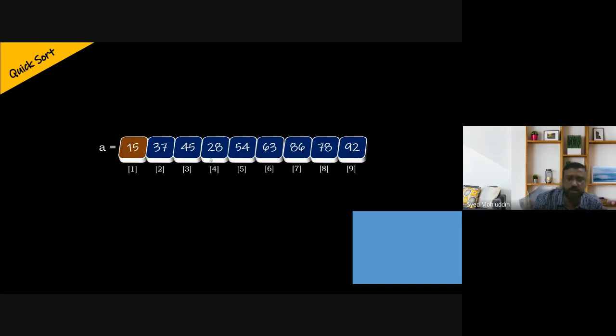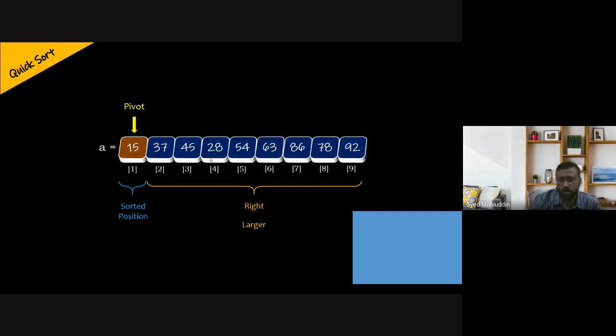Though this is the first element and there are no elements to the left of the pivot, we have elements to the right of the pivot, and all the elements towards the right are larger than the element 15, that is the pivot element. So we can say that it is in sorted position. Now, if you observe, in this case, 15 was the smallest element. That is why there are no elements to its left.